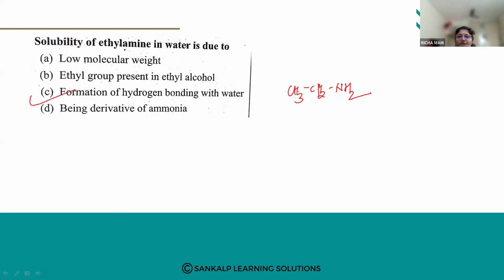It is due to the formation of hydrogen bonding. When you put ethanamine in water, H2O, your hydrogens and your oxygen, and there is also a nitrogen. Electronegative atoms like nitrogen and oxygen form hydrogen bonding with your hydrogens.